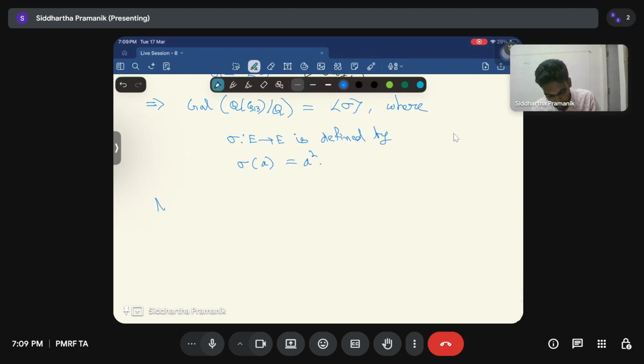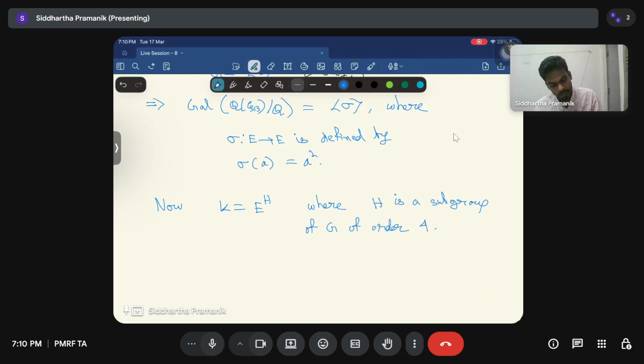So now K is basically E^H, where H is a subgroup of G of order 4.